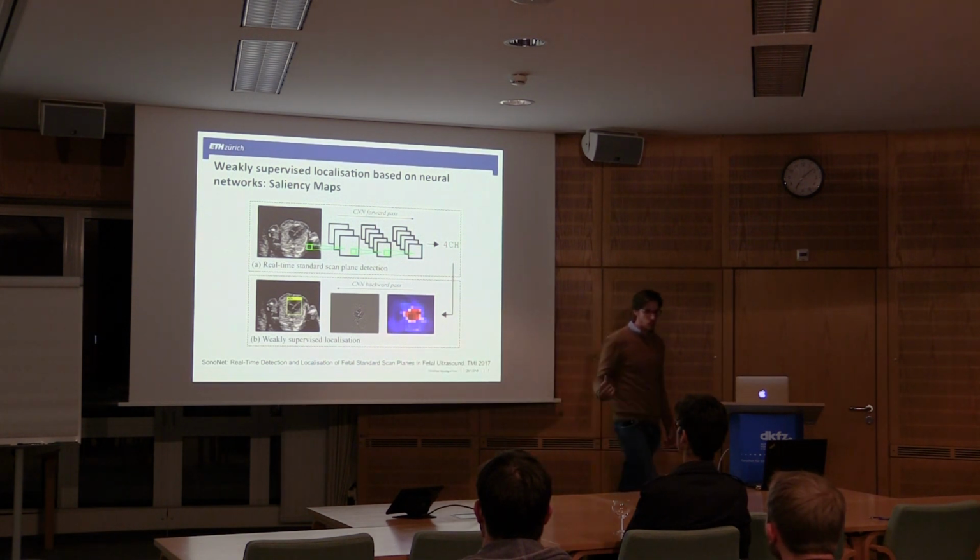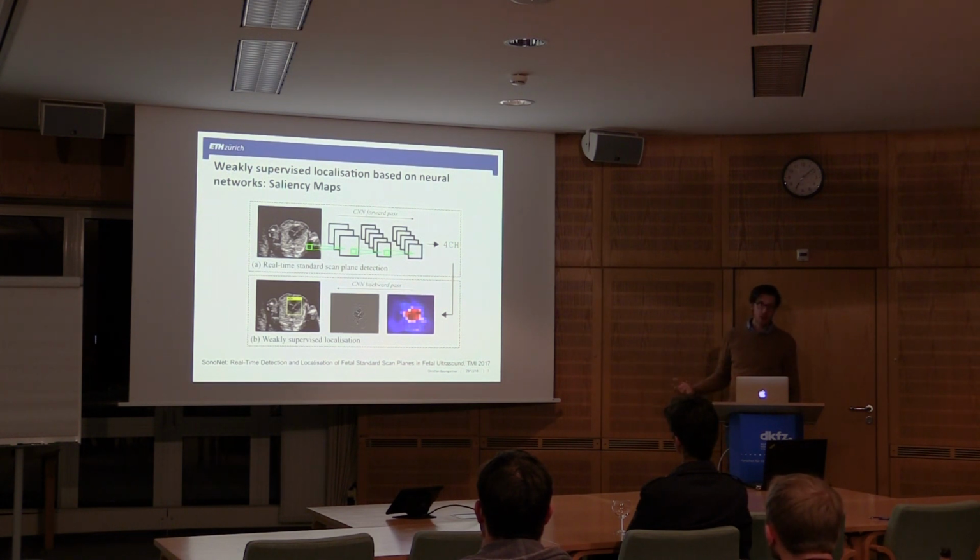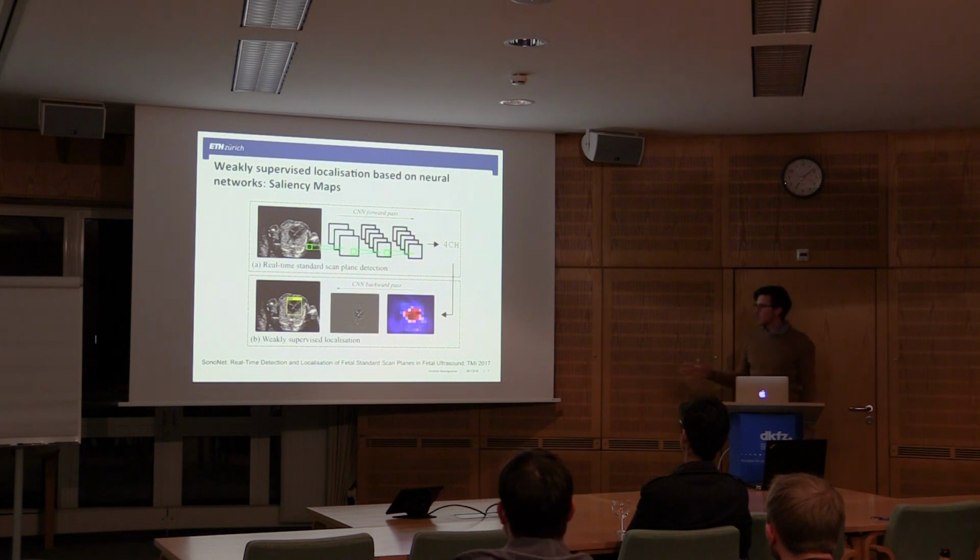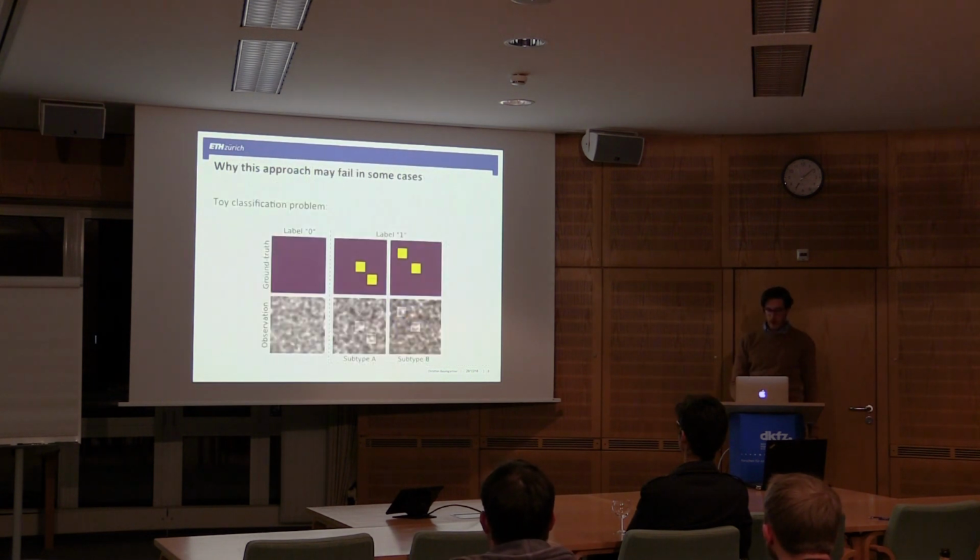So in this grayscale image over there, here you can see those pixels were important for classifying this as a fetal 4-chamber cardiac view, for instance. Okay. And it wasn't just us. Many people choose this general approach.